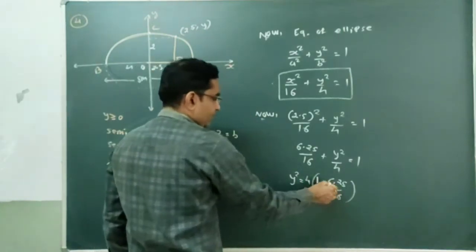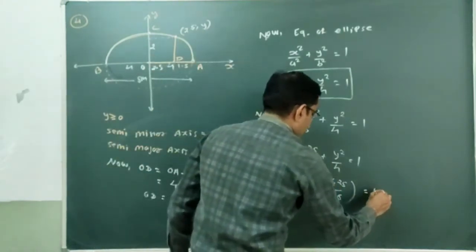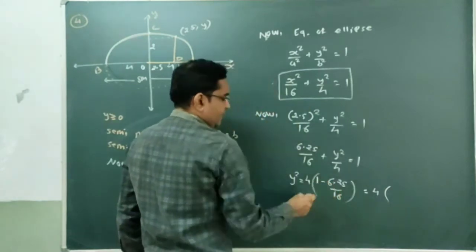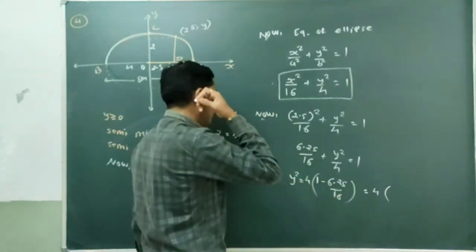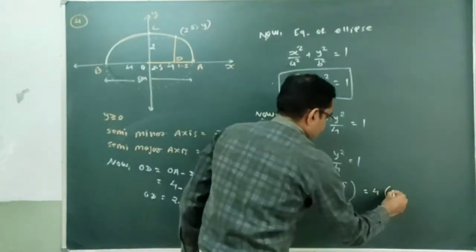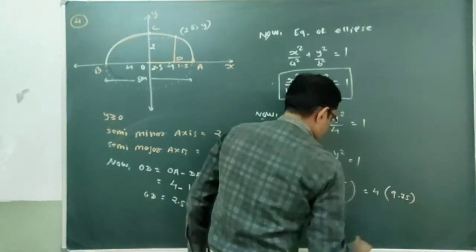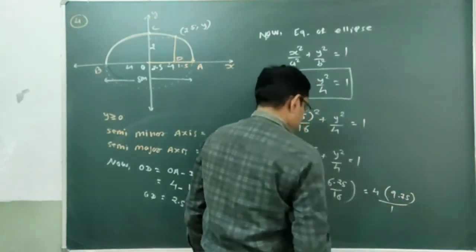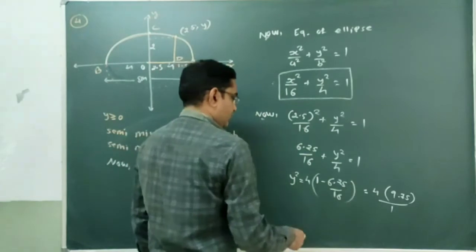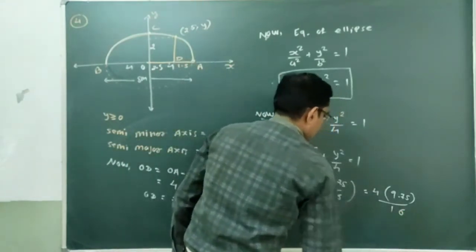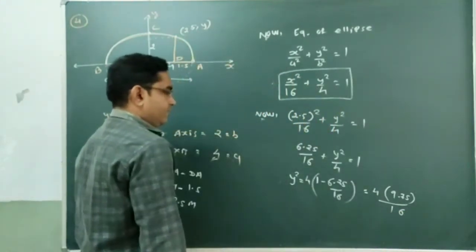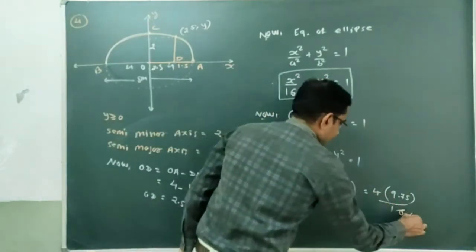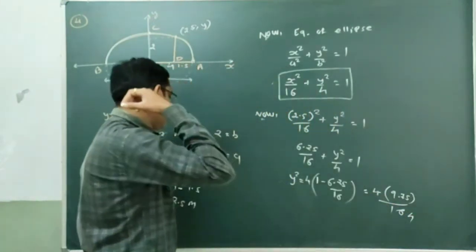So it's 4 into 16 minus 6.25, 16 minus 6.25 is 9.75, and whole divided by 16. Done. So 4 4s are 16, 9.75 divided by 4.